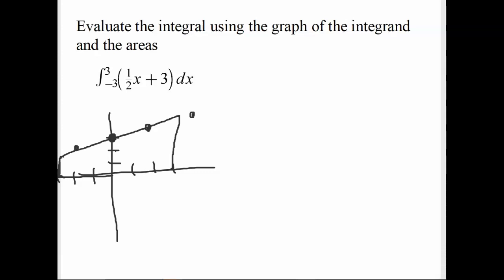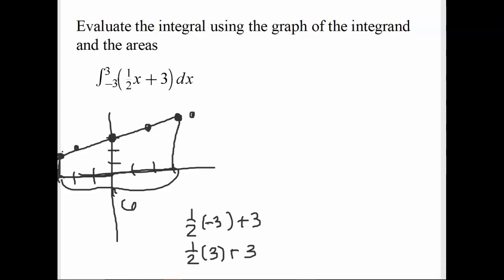So this time we have a trapezoid once again because it's a linear height. Here's my height. So the height of the trapezoid is 6. And then you'd have to find your coordinate values. These coordinate points are really like plugging -3 into my function and +3 into my function.